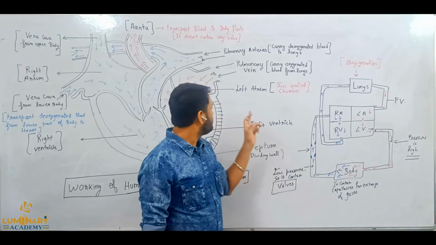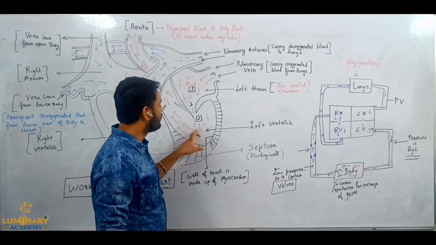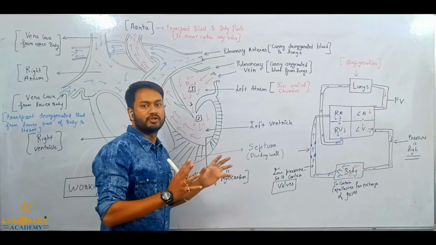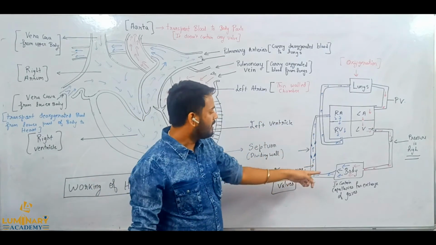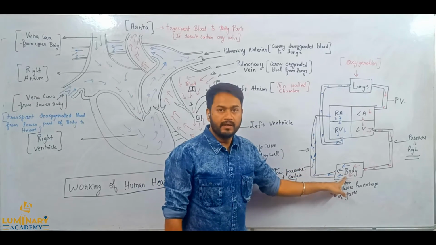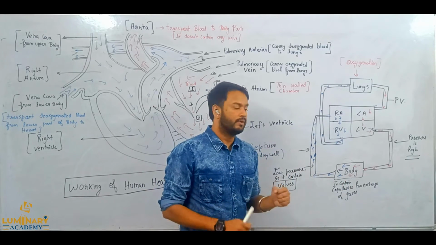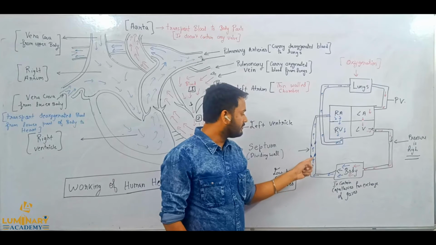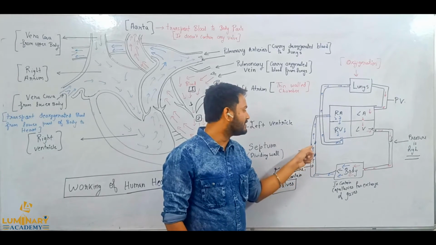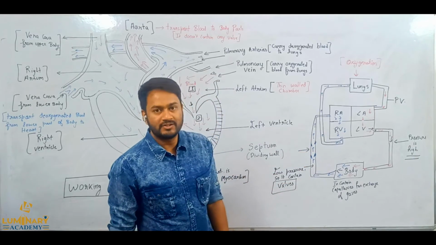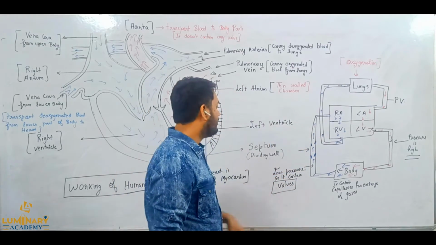When the blood is pumped from the second chamber, it has high pressure, so the blood cannot go in the reverse direction. But here, after going to the various parts of the body, the speed of the blood slows down. So these valves ensure that it cannot flow back. That is why these valves are there in the vena cava.